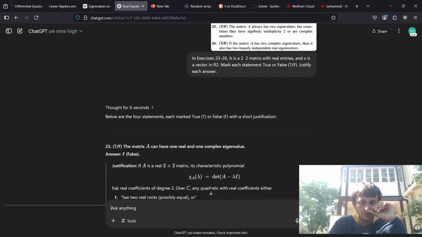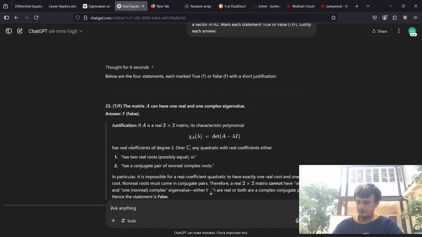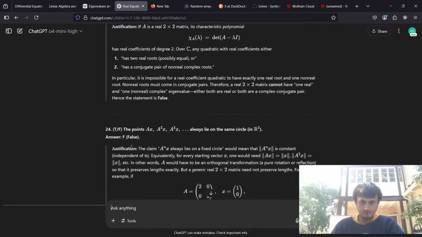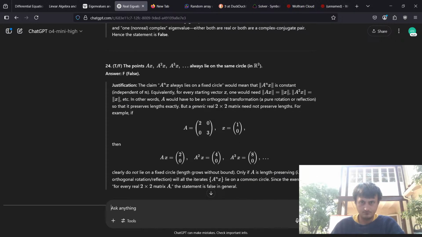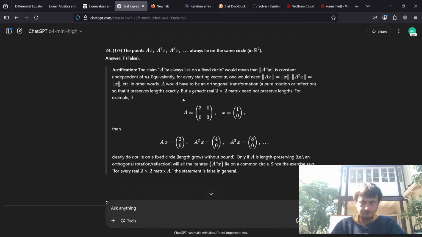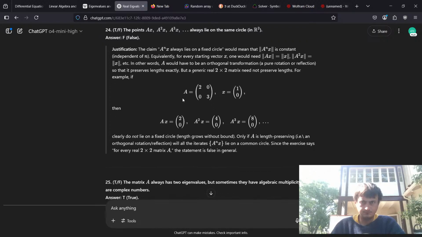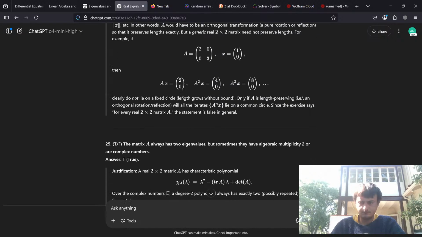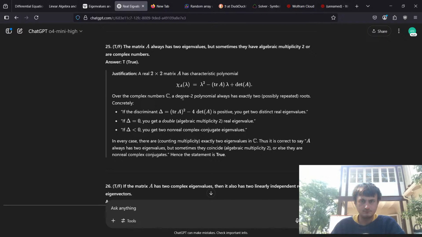Because why would you? Matrix A always has 2 eigenvalues, but some doesn't.